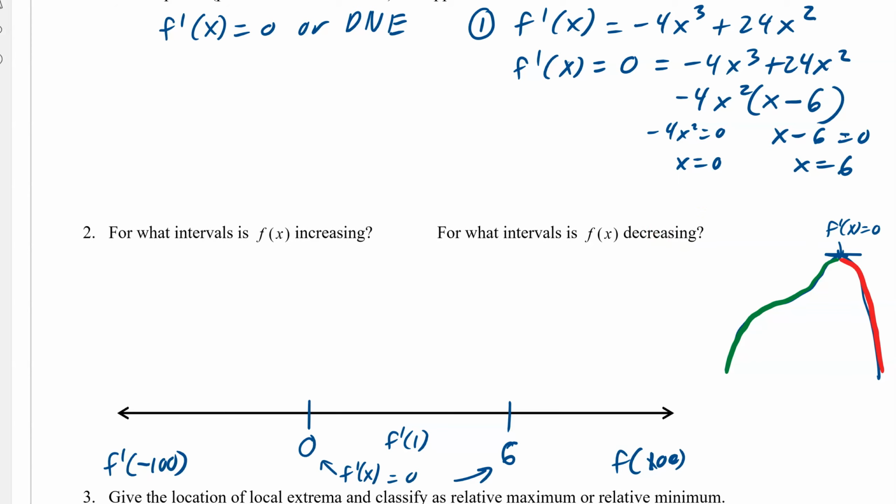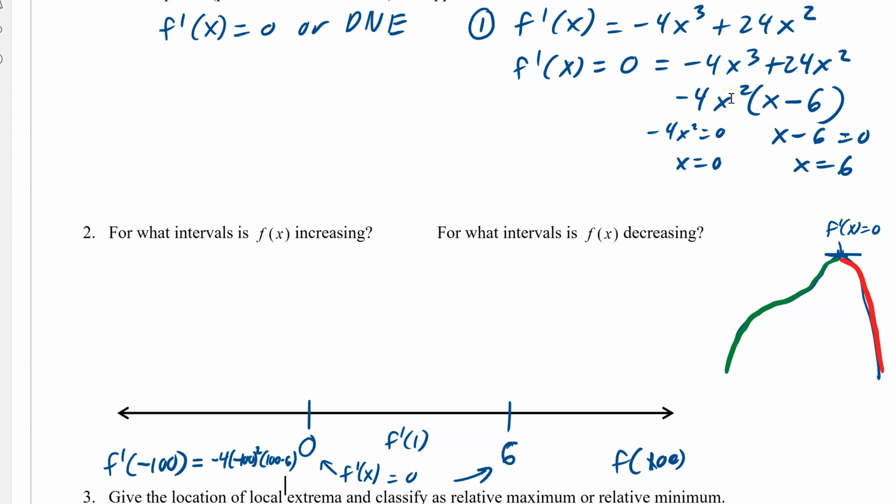So if we plug into our derivative, I like to use the actual function itself. If we have negative 4, you're going to be plugging the 100 in here with a square, and then 100 minus 6. You can see if we use large numbers, it's very obvious. Squaring anything is always going to be positive.